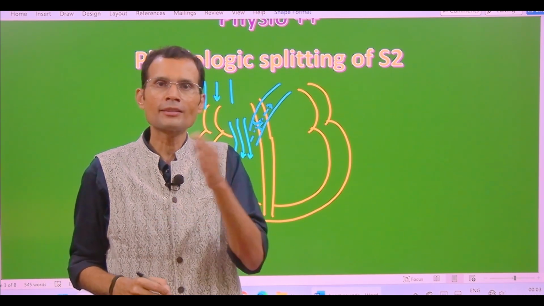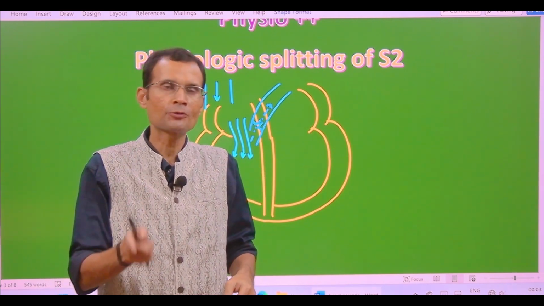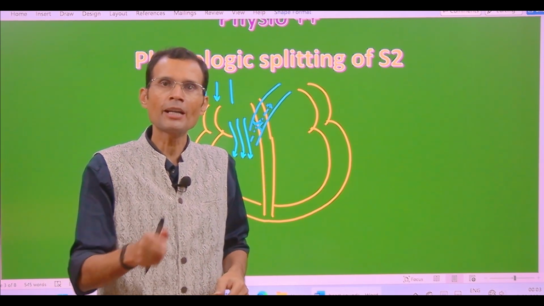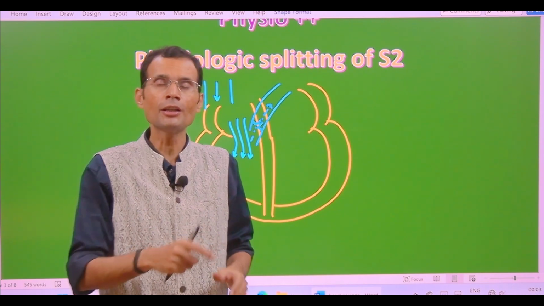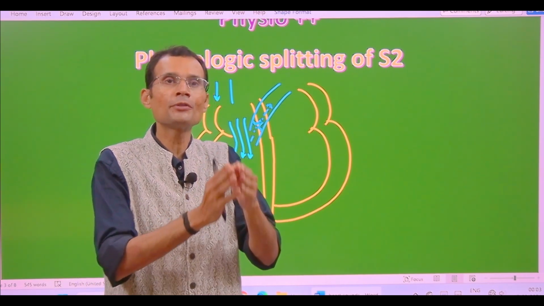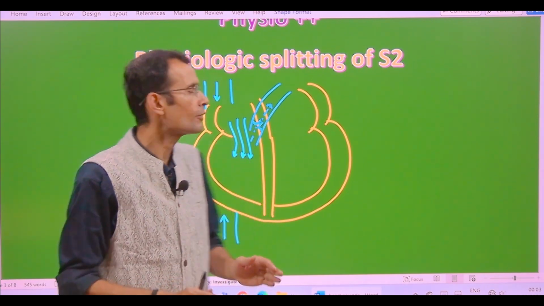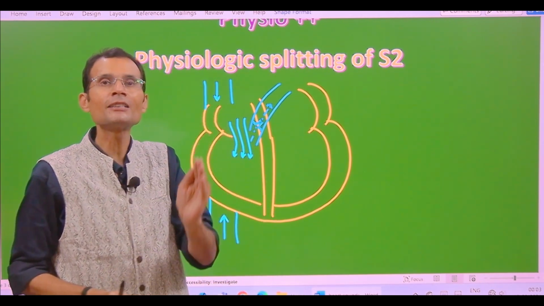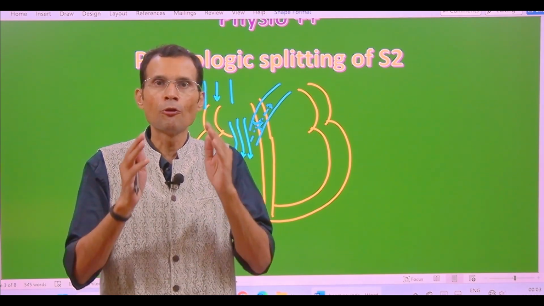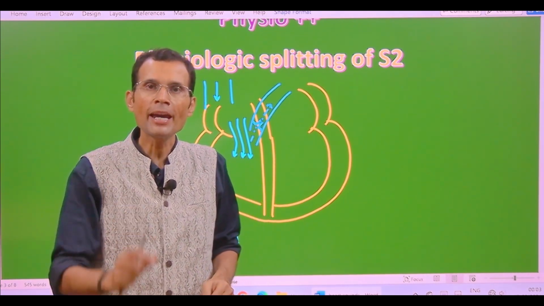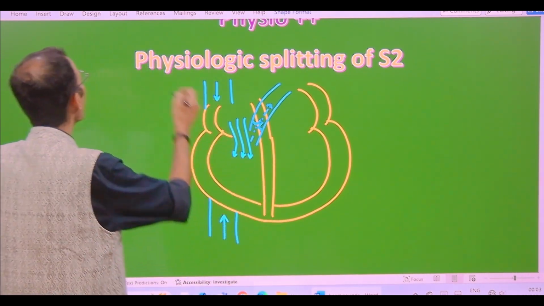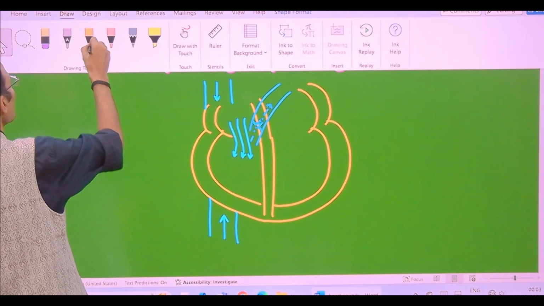You know, two heart sounds are heard by stethoscope, S1 and S2. Sometimes, and this is physiological, there can be a splitting of the second heart sound. When does this happen? This happens with forceful inspiration. Forceful inspiration may cause physiologic splitting of the second heart sound.